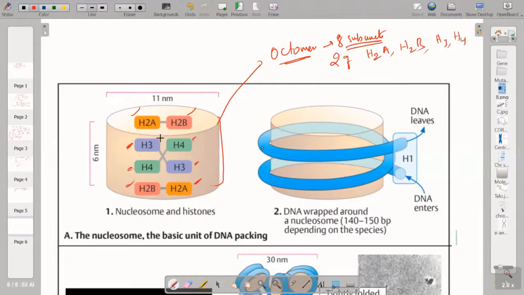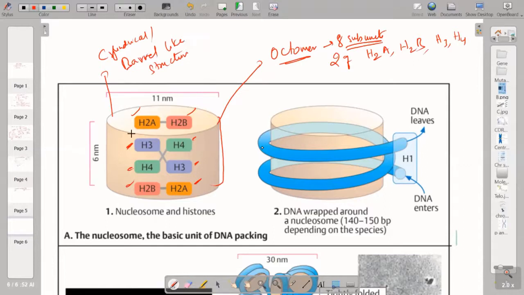These 8 proteins come together to form a cylindrical or barrel-like structure.